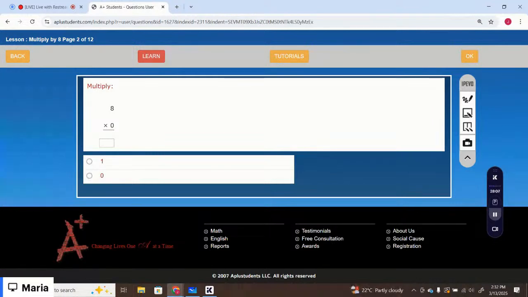Whatever number it is, if you are multiplying by 0, the answer is 0. 8 times 0 is 0.